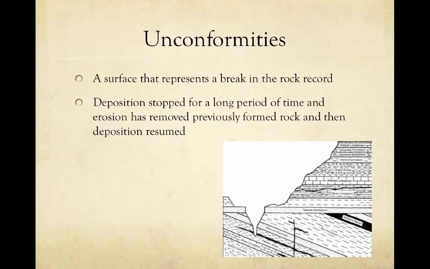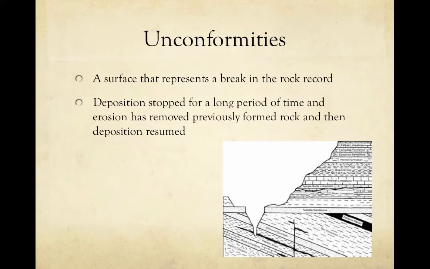An unconformity is going to be a break in that rock record, and it can happen in a couple of different ways. The first is that deposition, remember deposition like deposit, to put down, stopped. So our rocks stopped being laid down for a long period of time. And then erosion, which is when rock gets weathered away, has removed some previously formed rock.